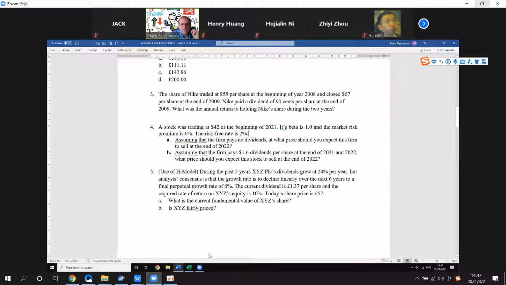Again, pay attention. 42 is the price at the beginning of 2021, and we are expected to guess what its fair value should be at the end of year 2022. So that means 2 years forward, not 1 year forward, because from the beginning of 2021 till the end of 2022, we have a 2-year period.